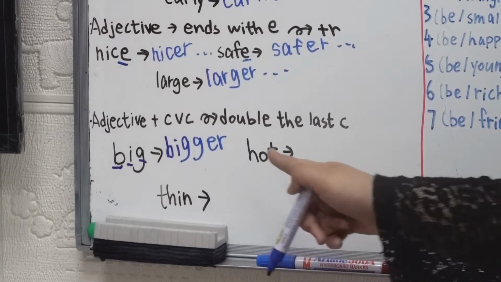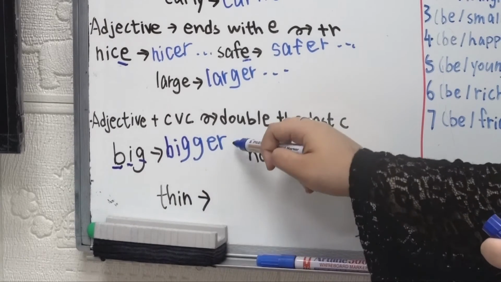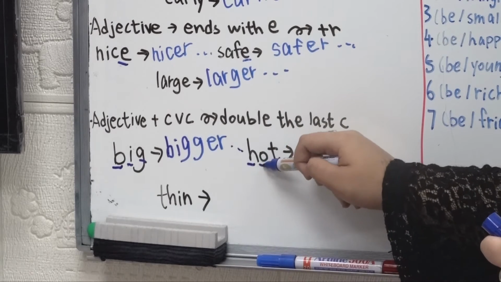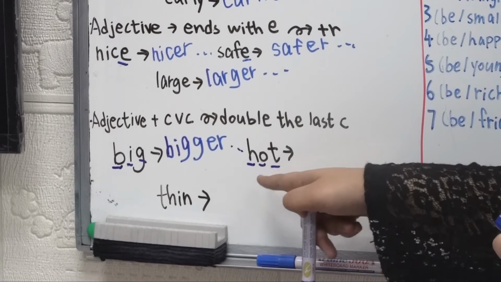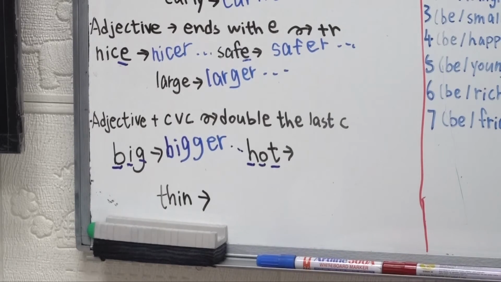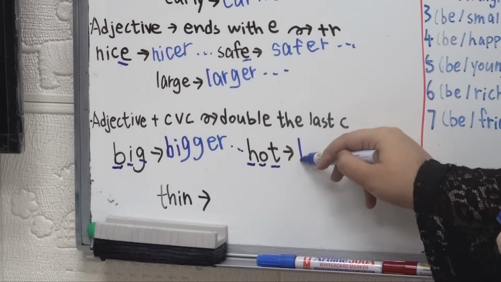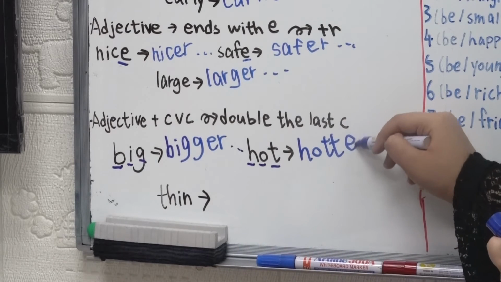Okay? Here, hot, right? Remember you have to add "than" as well. Hot, consonant, vowel, consonant, right? H consonant, O vowel, T is consonant. Remember vowels are A, E, I, O, U only, okay? So hot becomes hotter than, double the last consonant.